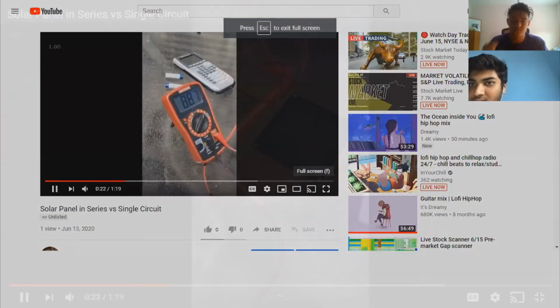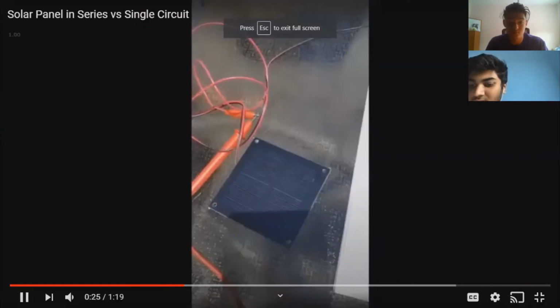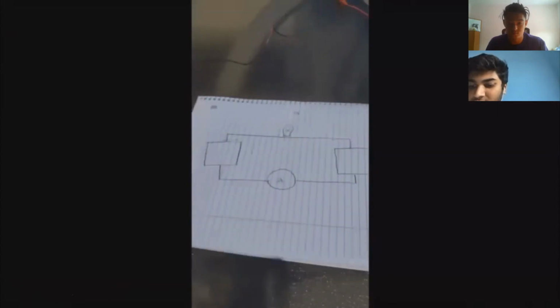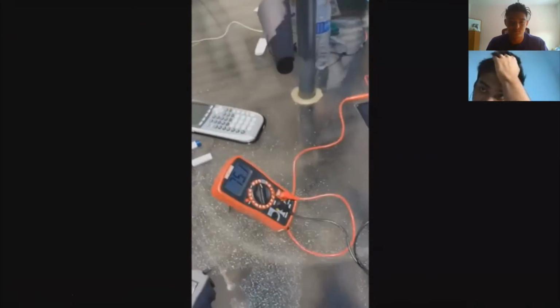It goes to this solar panel here, and as you can see, if we get rid of this amp meter, it will be perfectly in series. And then it goes all the way to this little light bulb, which lights up, which proves qualitatively that this circuit works, and this quantitatively proves just how much current is passing through it.